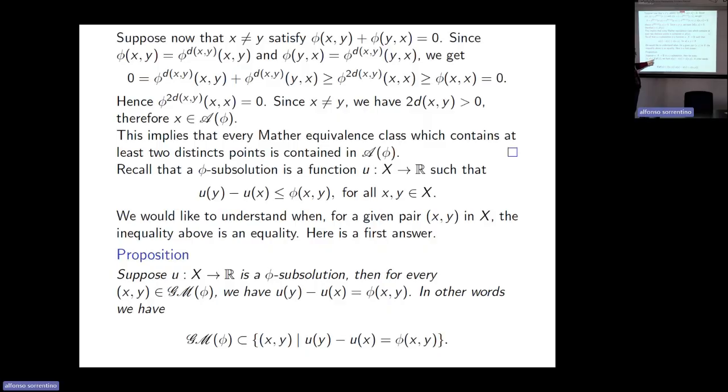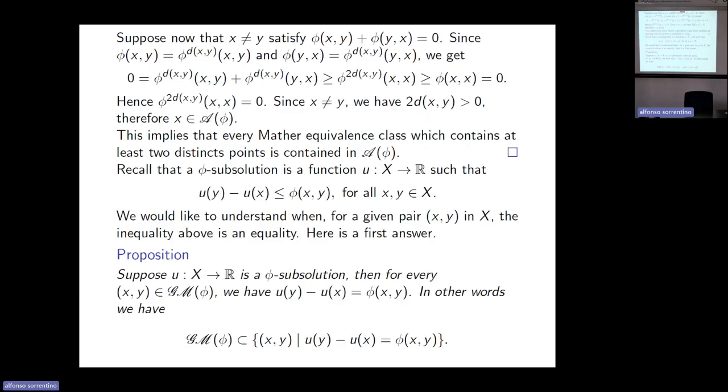If all points are Mather equivalent, then you have a unique solution, then you get what you want. And the point, as I said, is that the fact that a subsolution is degenerate up to second order, it's identity. The derivative is 0 and the second order term is 0.